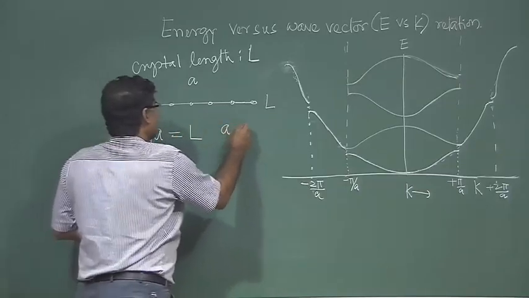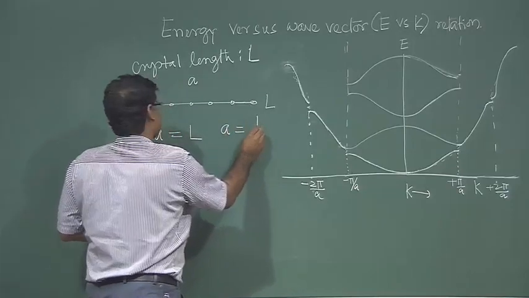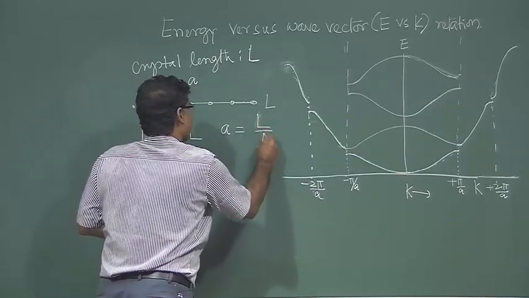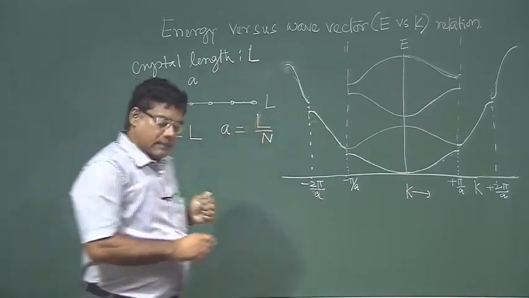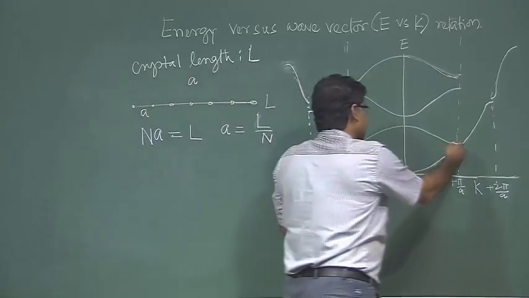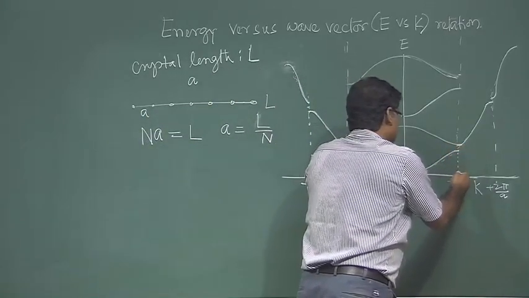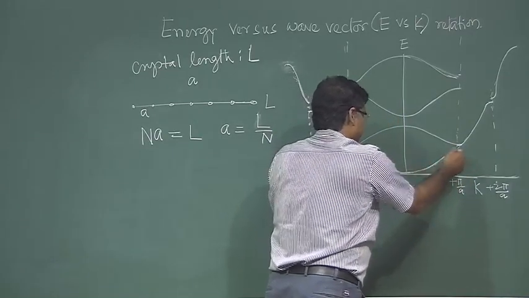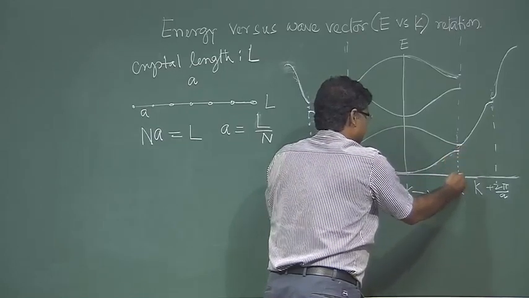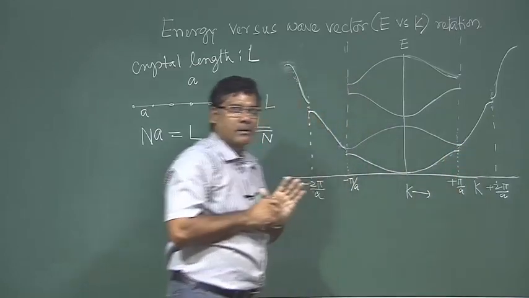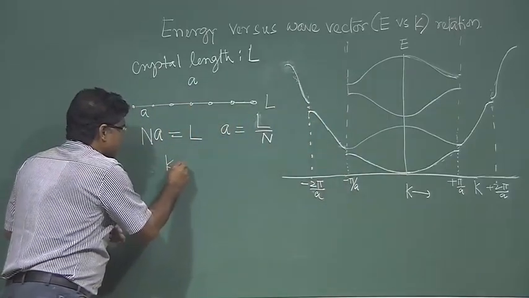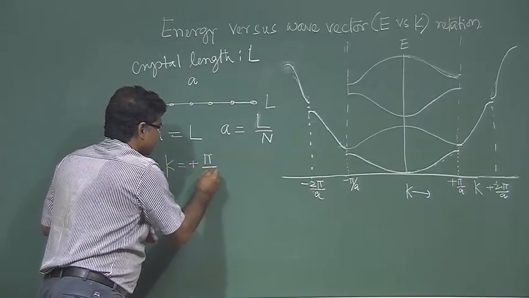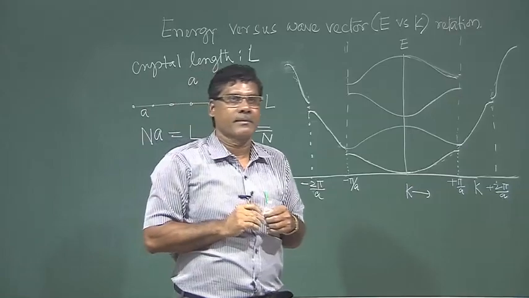So, a equals L by n, right. So, here you see in the first Brillouin zone, the upper limit of k is plus pi by a and minus pi by a. So, when the k value is plus pi by a, right.